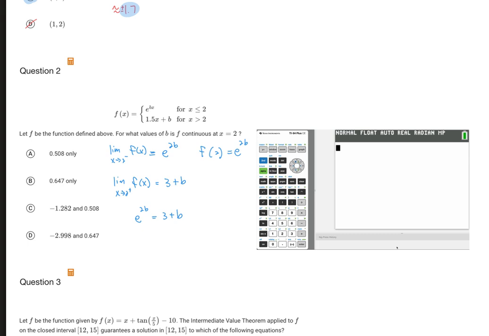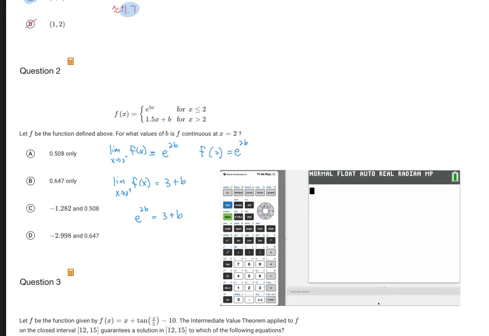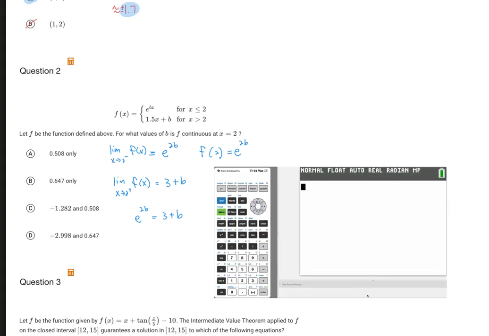The x-coordinate of the intersection is the value of b that makes both sides equal. Let me make this a little bigger. So the first thing is to go to y equals. Type in the left-hand side. You can only use x, so you can't use b. I kind of messed up when I was doing this earlier.